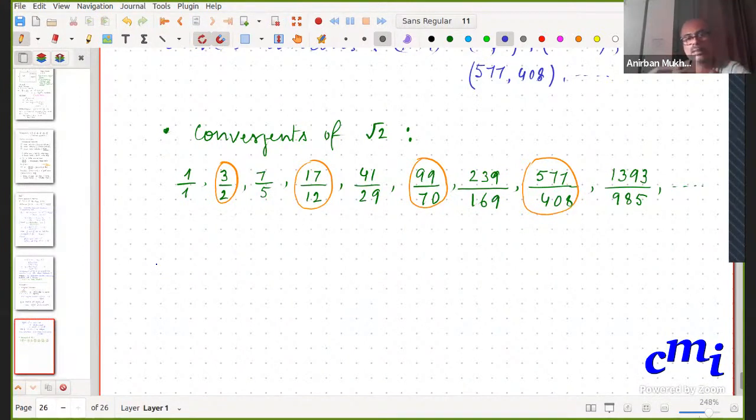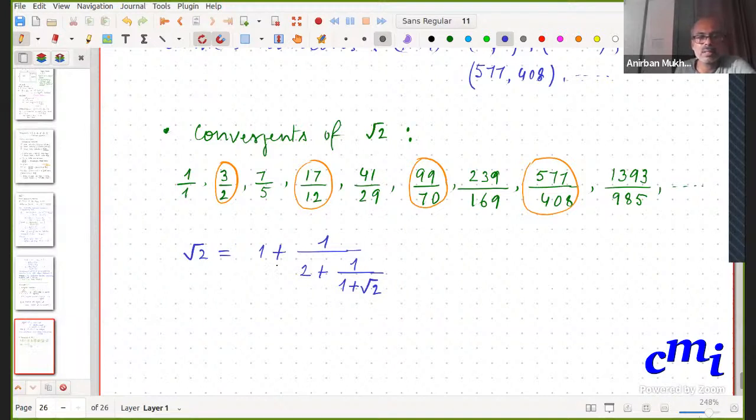We also need to show that this goes on, and probably that it gives all the solutions. So square root of 2 looks like this. We have already done this. We can write it as 2 plus, so I'm just repeating the process, 1 plus square root of 2. And then it goes on.